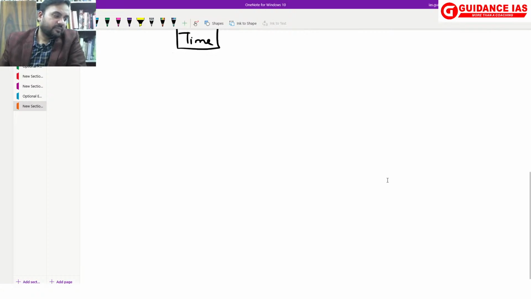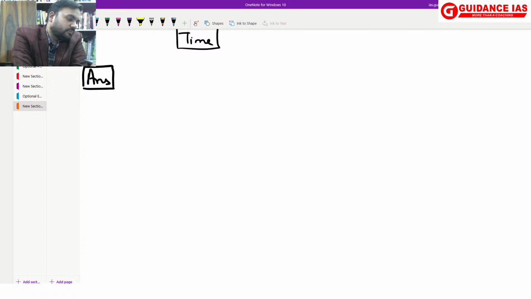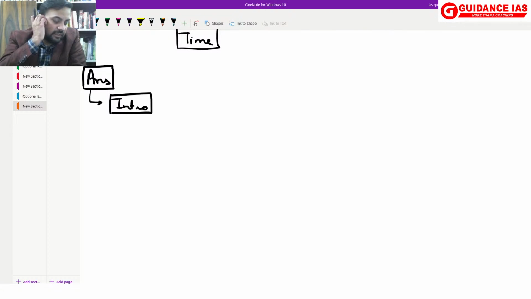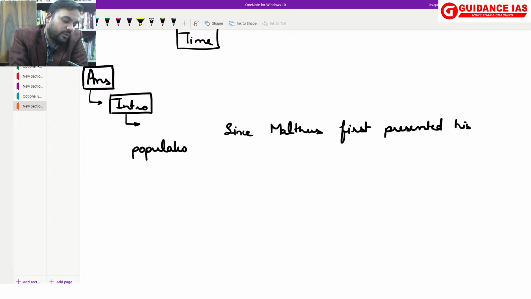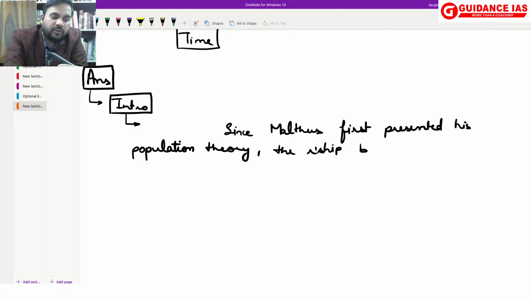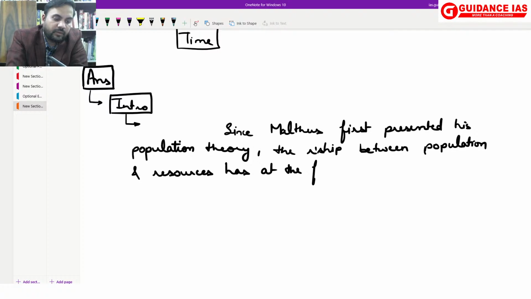So for the first part, when I am writing my answer, I can begin with an introduction, and in the introduction I can start with something like: since Malthus first presented his population theory, the relationship between population and resources has been at the forefront of debate.